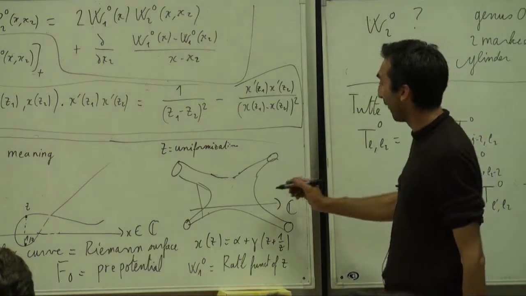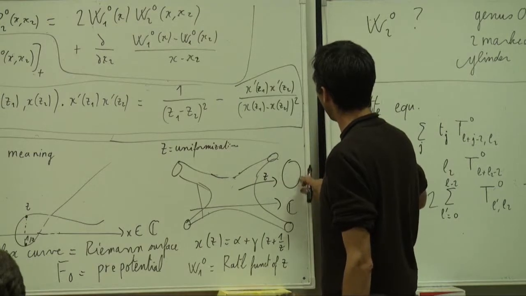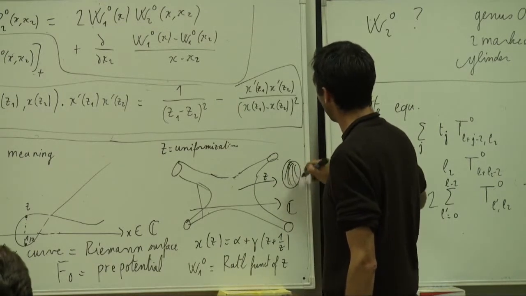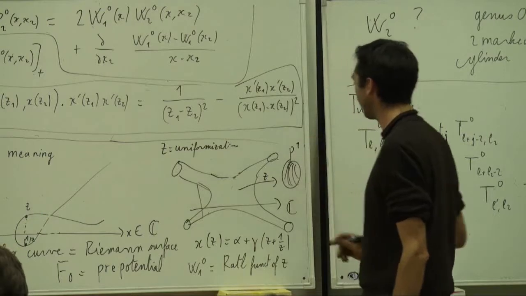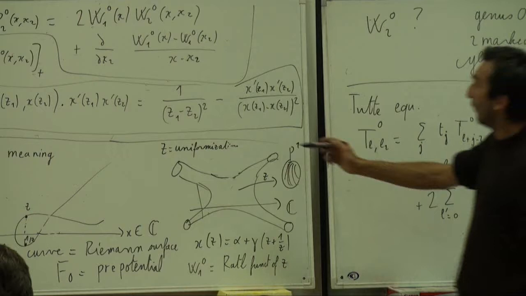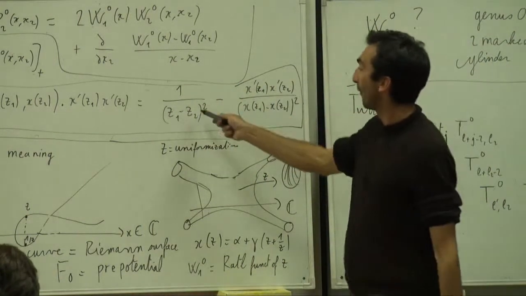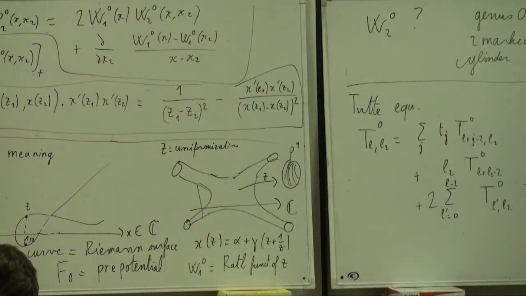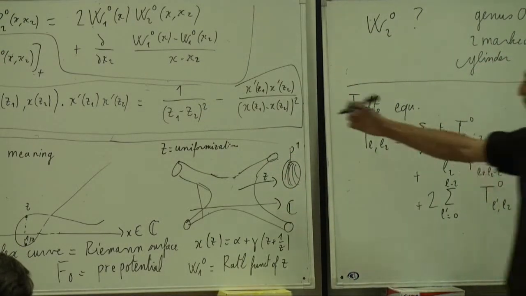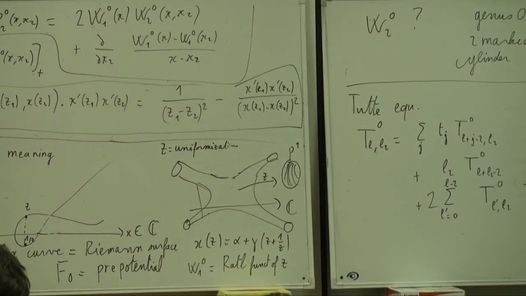So z is somehow the mapping of that surface into the Riemann sphere, P1. And what is this function in P1? Well, this function has a double pole when the two points coincide. And it has coefficient 1 in the numerator. And somehow this is the unique rational function which has a double pole and no other pole. And it's called the fundamental two-form of the second kind.